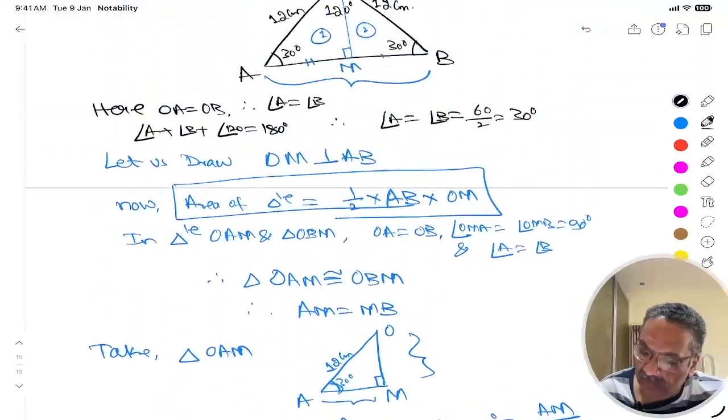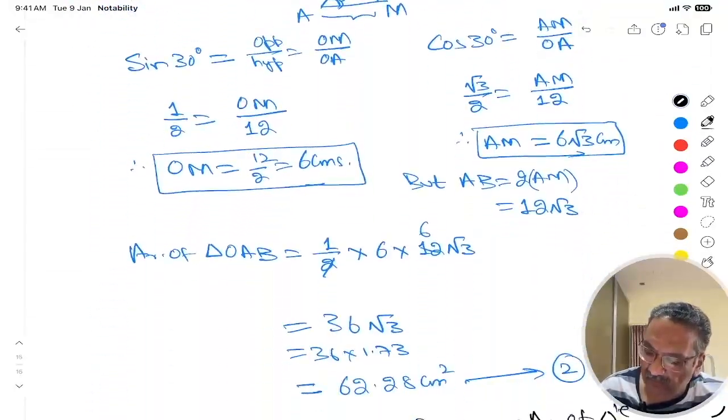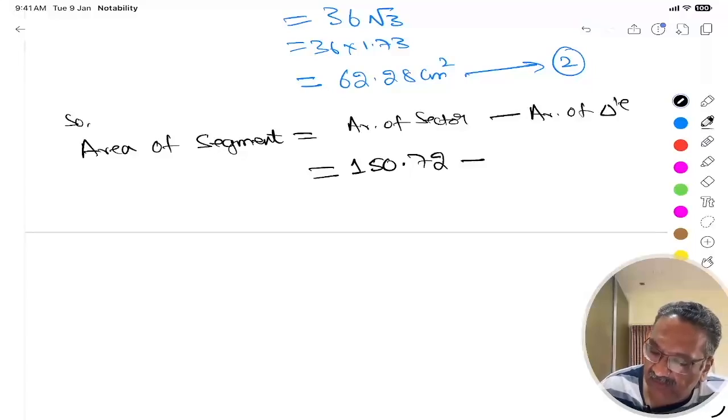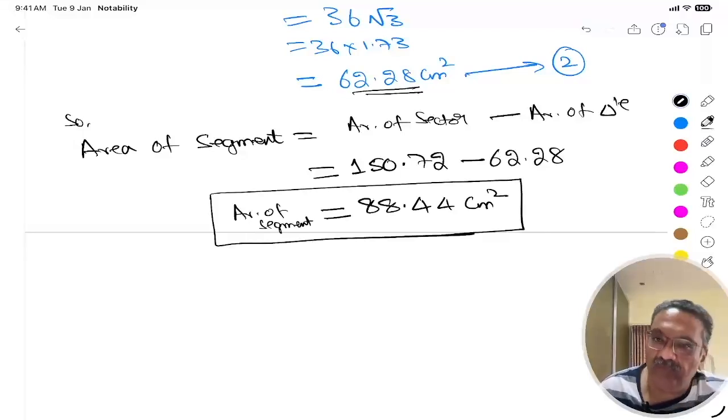The area of the sector was 150.72, minus the area of the triangle, 62.28. So we get the answer to be 88.44 centimeter square. So the area of this segment will be 88.44 centimeter square.